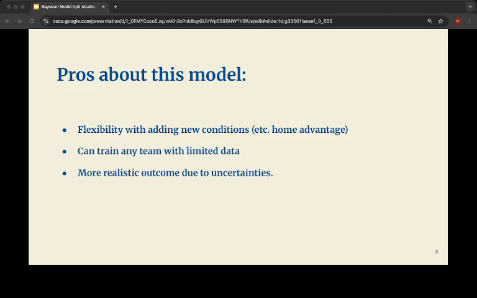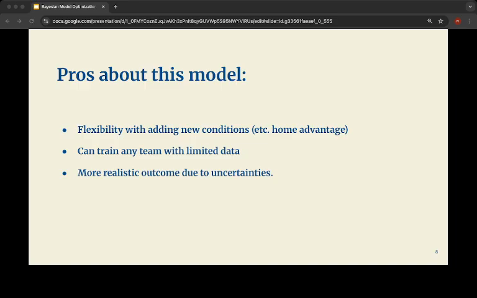The pro of this model is better generalization to new or low-data teams, since some teams have really low match data. Probably across the league, there's a team with only a few matches. This model is good at analyzing those low-data teams from the league-wide distribution.